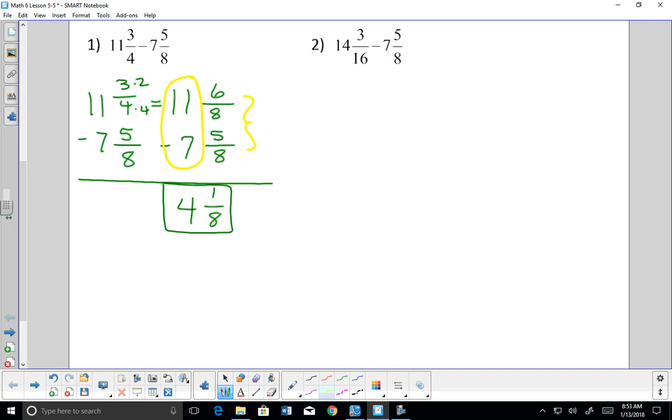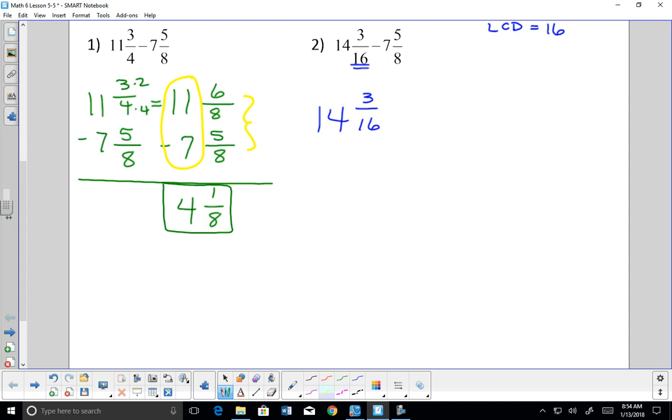14 3/16 minus 7 5/8. Again, I need to find a least common denominator. My least common denominator here would be 16, because my largest number is 16, and I know that 8 divides into 16 2 times, so I know my common denominator then is going to be 16.